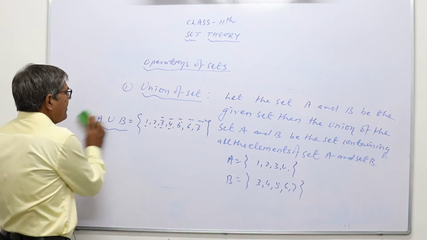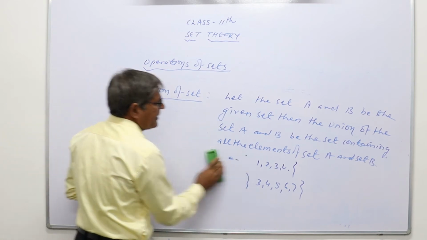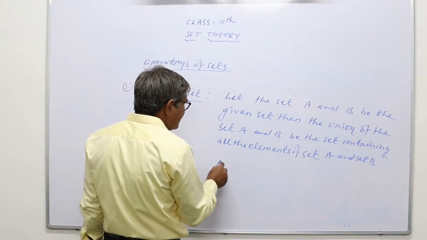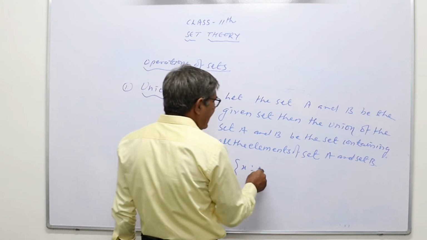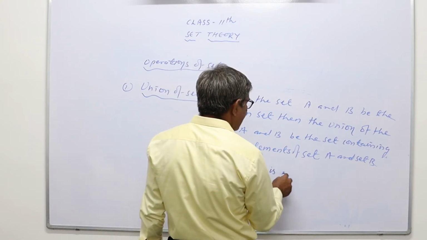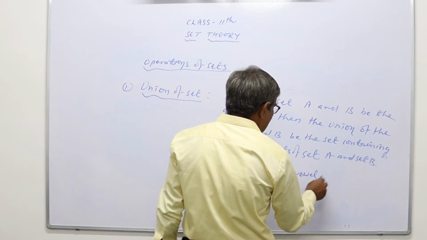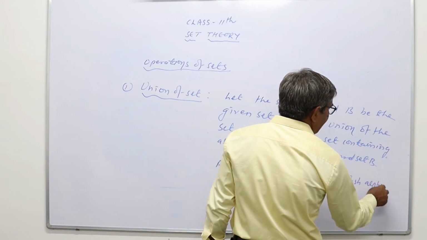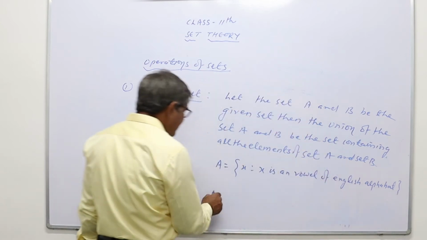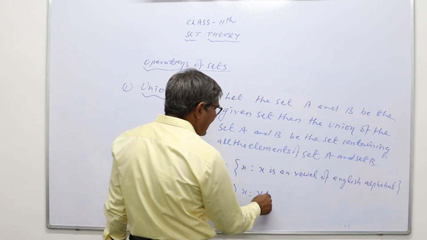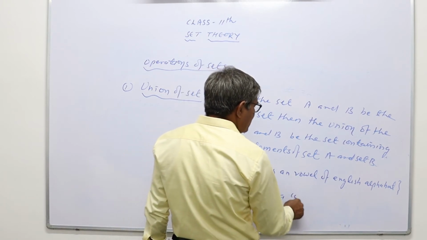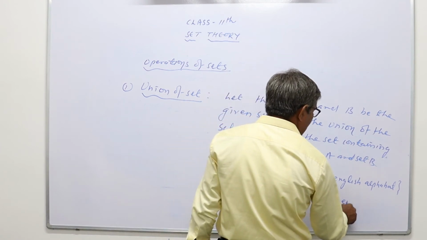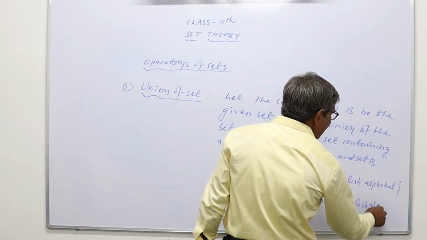One more example. Let us suppose set A equals x, where x is a vowel of the English alphabet, and set B equals x, where x is a consonant of the English alphabet.